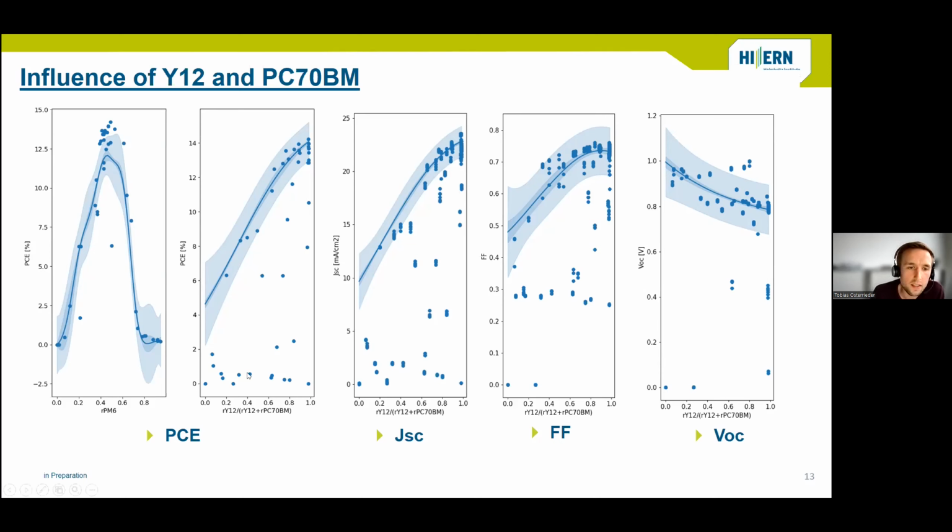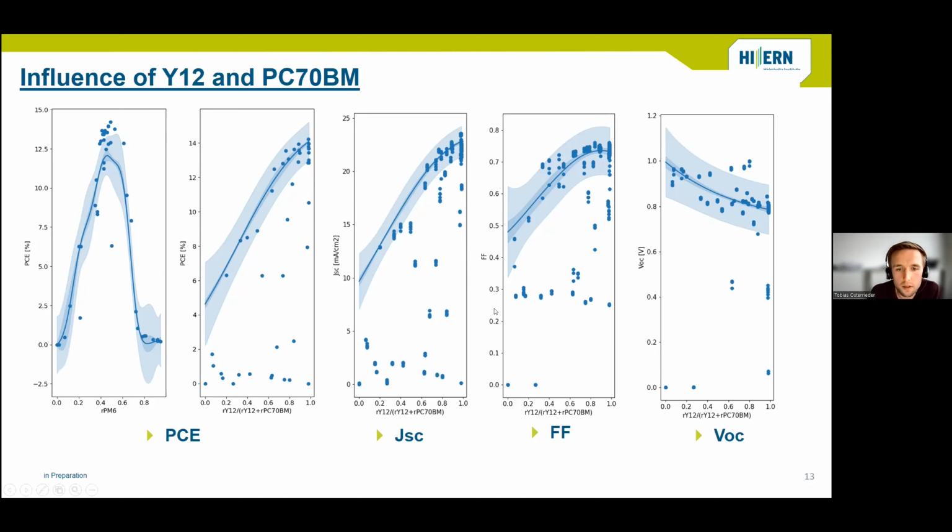And then we can see here the Y12 over the acceptor. For 1, we only have Y12 as acceptor, and for 0, we only have PCBM as acceptor. And we can see that if we decrease the Y12 share, we get better performing cells.